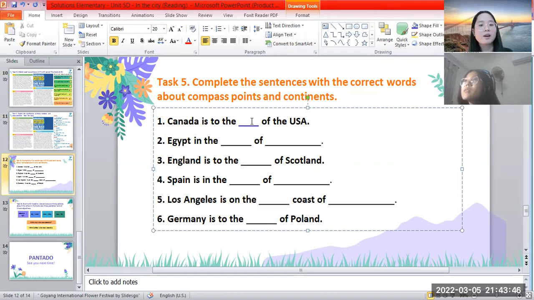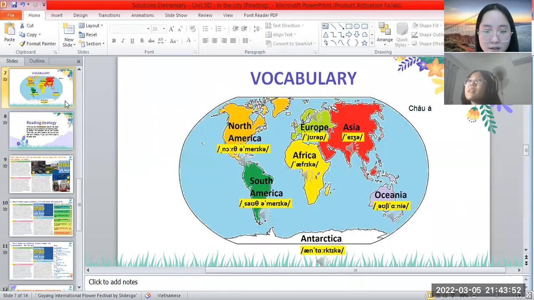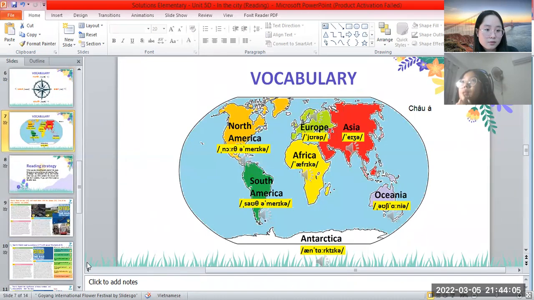Canada is to the... Do you want to look at the map? Yes, I have. But I don't know where Canada is. Canada, north or south? North.